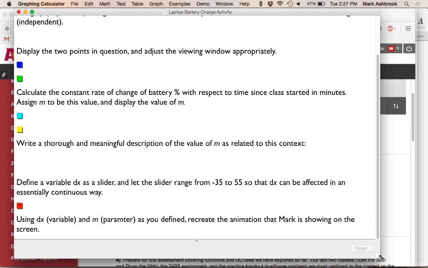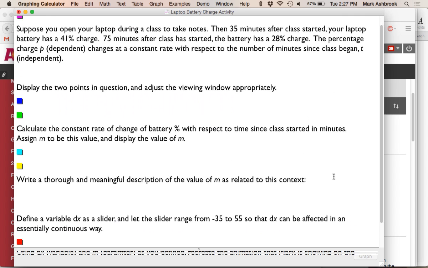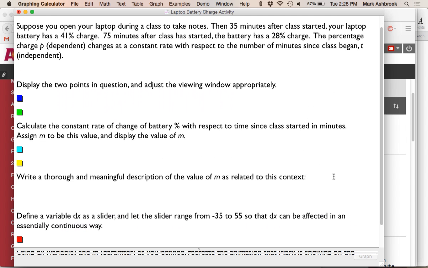So now we're going to put a bunch of stuff together from class today. All right, so suppose you open your laptop during class. Is everyone there? I'm going to give you a second. Okay, take your time. So you're going to download that. When you open it, it should look like this.